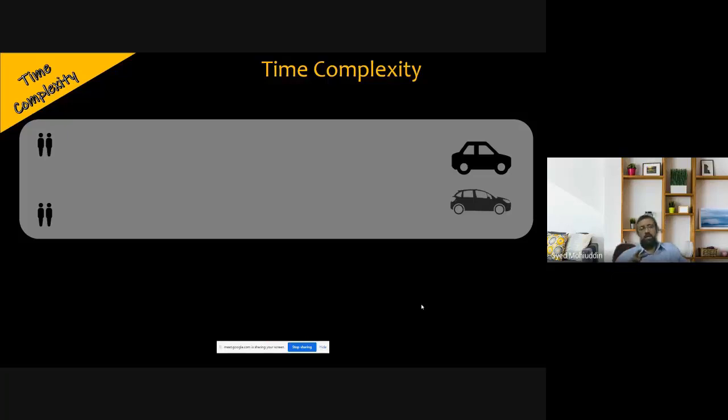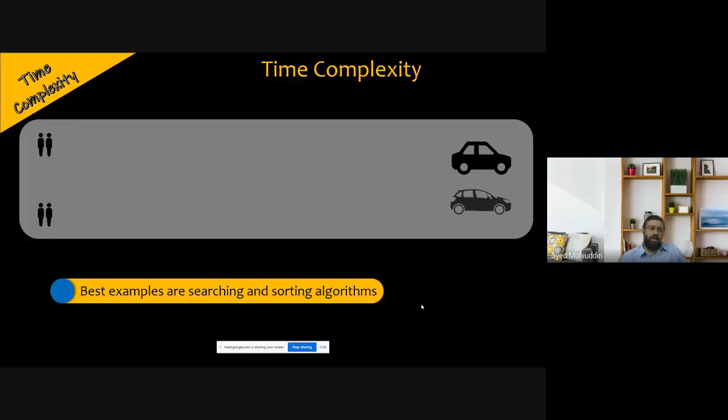Now remember that here the problem was the same. To go from source to destination, the problem is not different for both the cars. The best example of these two things is the searching and sorting algorithms.